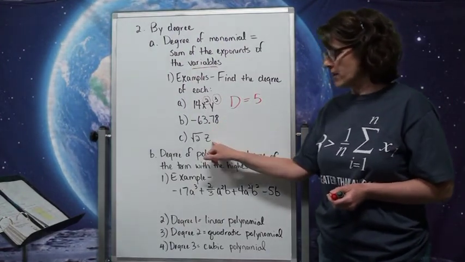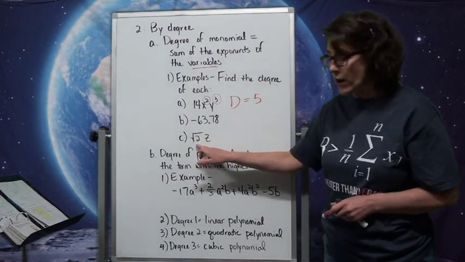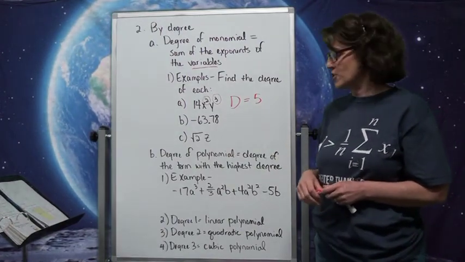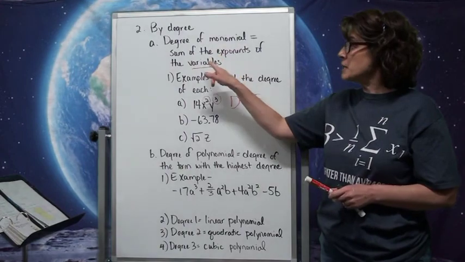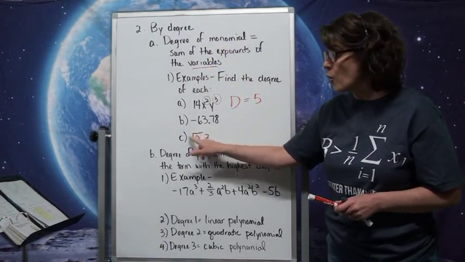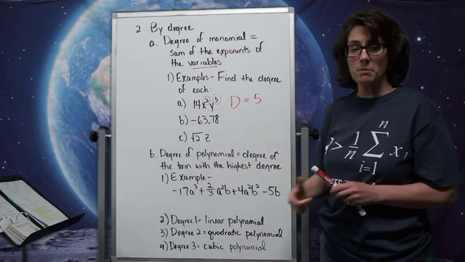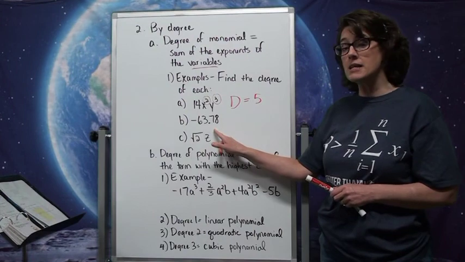Let's skip this one for now and come down to this one. So in the letter C example, and this is a square root of 2z, I always put a line through my z's so they don't look like 2's. Anyways, a square root of 2z, remember I want the sum of the exponents only on the variables. And I do want to point out it's okay to have a square root in your coefficient, not a big deal at all. But this is my only variable. I'm going to look at its exponent.